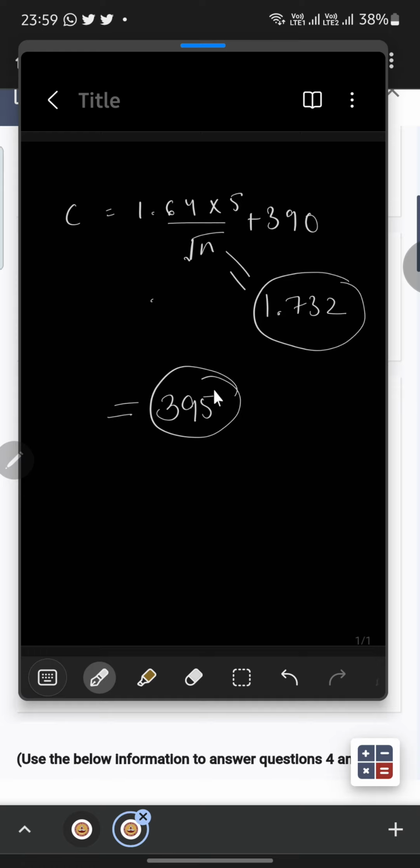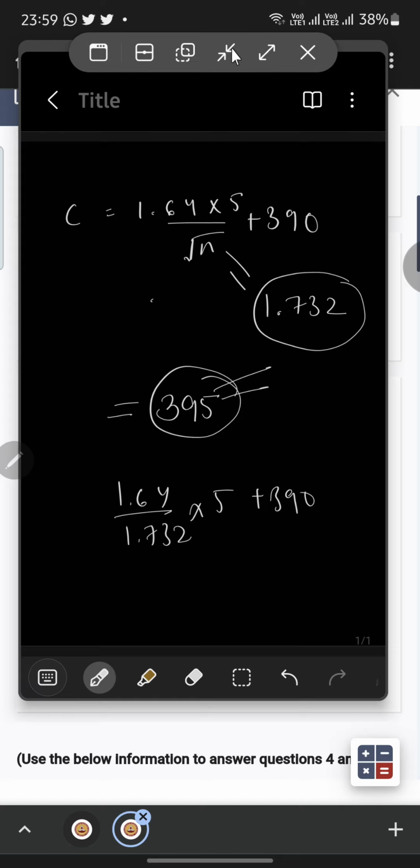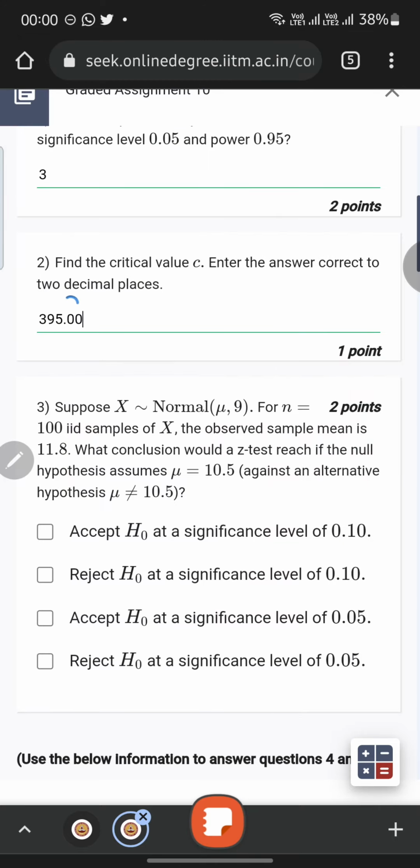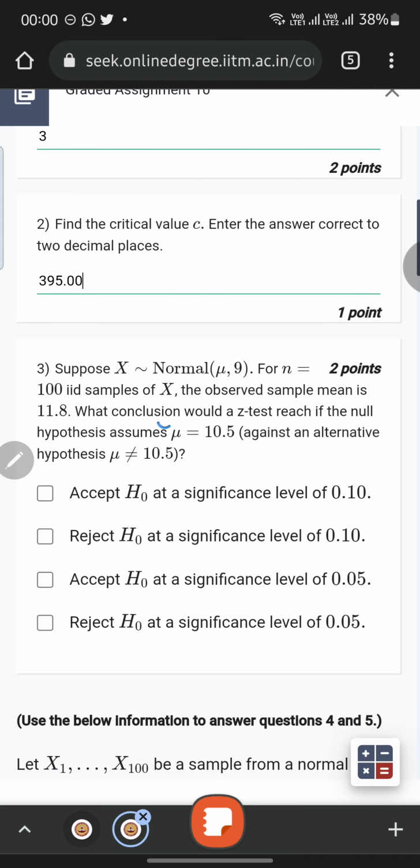You can verify it yourself: 1.64 upon 1.732 into 5 plus 390. It would be pretty close to 395, and that's all. 395.00 is the correct answer here.